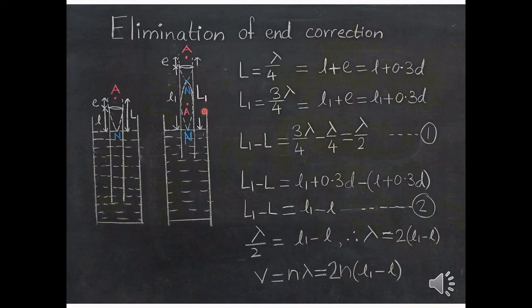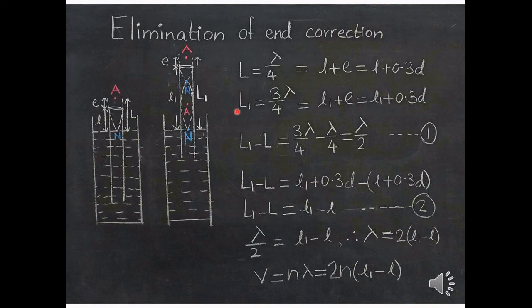So here capital L1 represents the resonating length or correct length of the air column. Small l1 represents the length of the pipe from closed end to the open end, and E represents the end correction. Now we have already discussed that in case of this mode of vibration, L1, that is the length of the air column, is 3 by 4 times the wavelength.